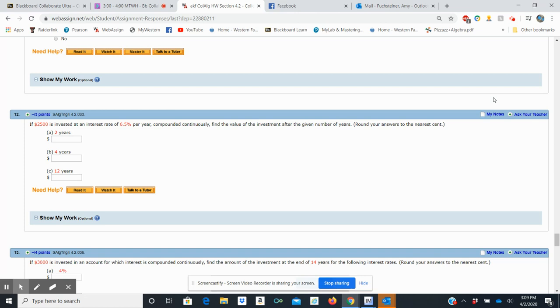Okay, again, some interest problems. All right, so my number 12 says if 2,500 is invested at an interest rate of 6.5% per year, compounding continuously.